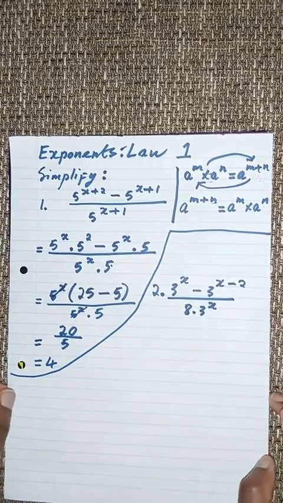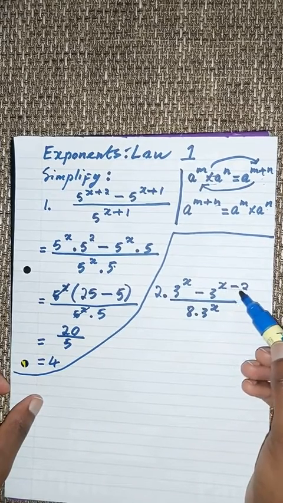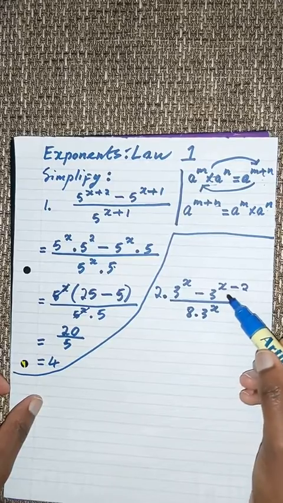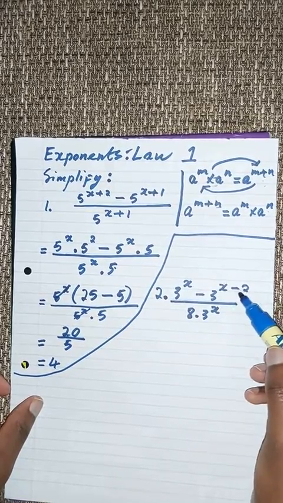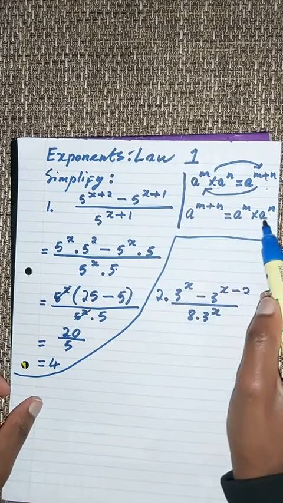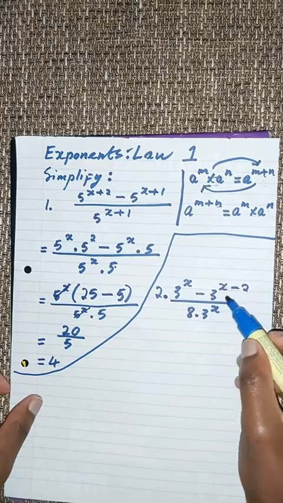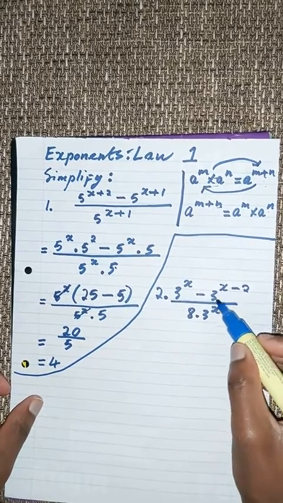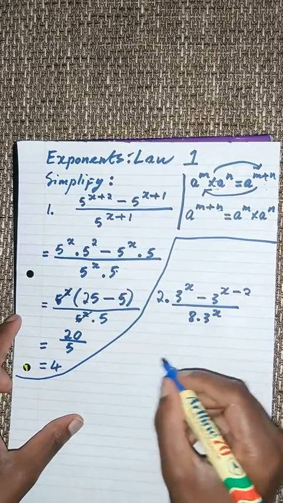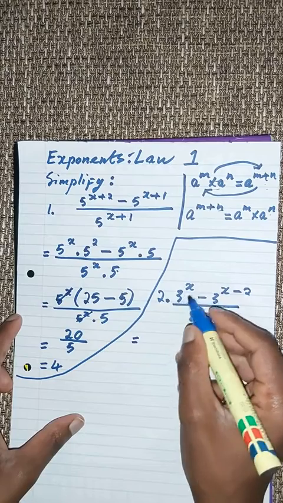Now, when I look at this problem, I realize that this 3 to the power of x minus 2, I have to reverse it from here to here. Meaning that when I reverse it, I'm going to write these exponents under their separate base of 3. So this one is already separated.